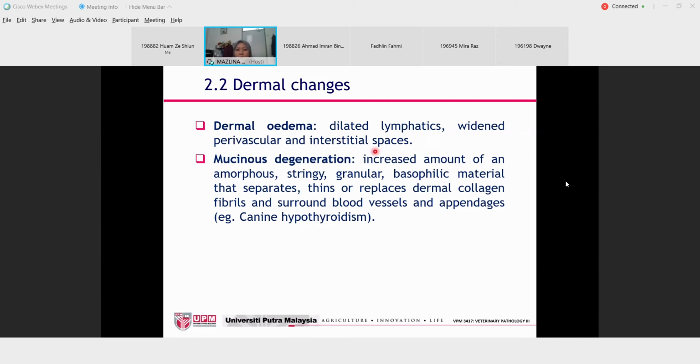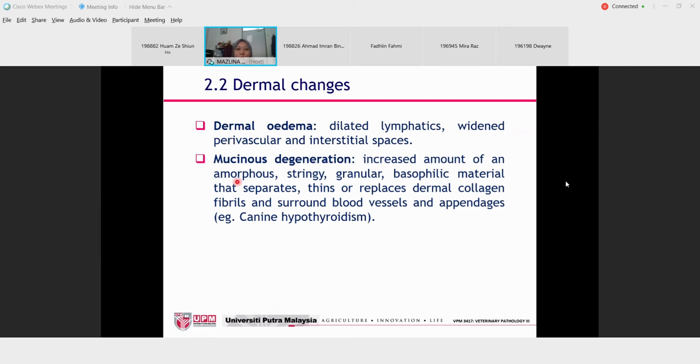In dermal edema, the collagen inside the skin, which is usually close together, will have gaps between the collagen layers. Besides that, spaces exist on the outer layer of the blood vessel, for example, which is why it's called perivascular. Okay.